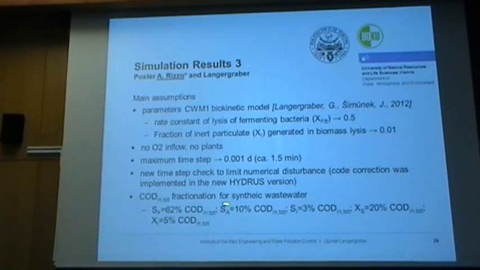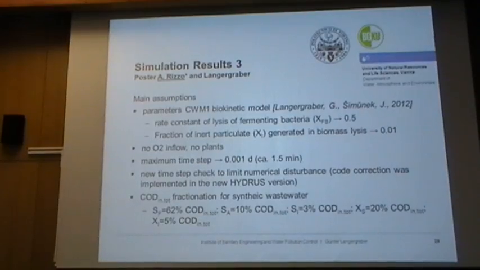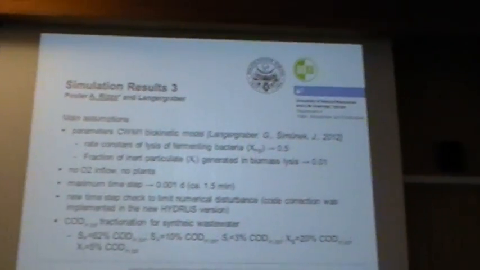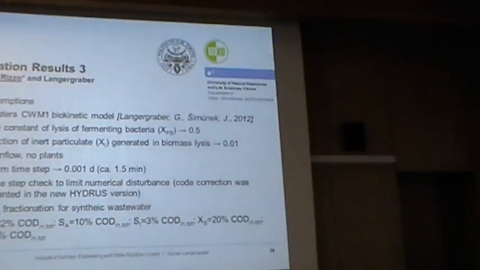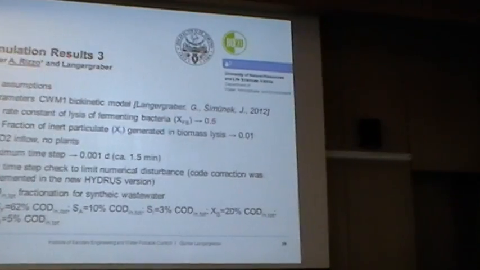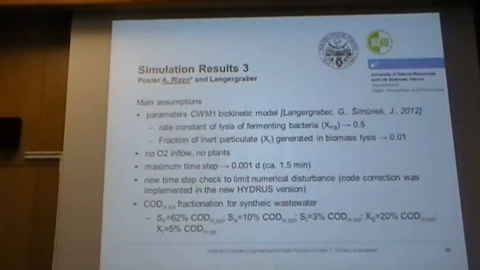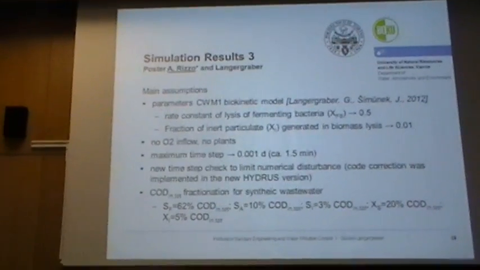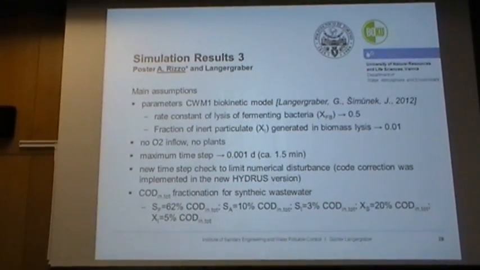We also spent several hours thinking about how this synthetic wastewater, as described in the paper, can be transferred into the different fractions of COD that we have in the model. We assume that some parts of the COD are very easily biodegradable, and some parts are slower biodegradable, not so easily.